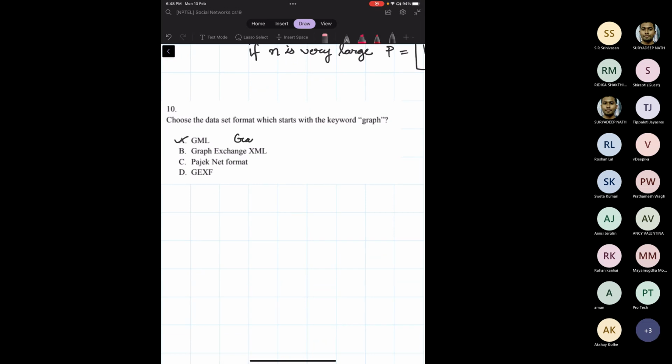It's called Graph Modeling Language, and it looks something like this. You start with this keyword graph.